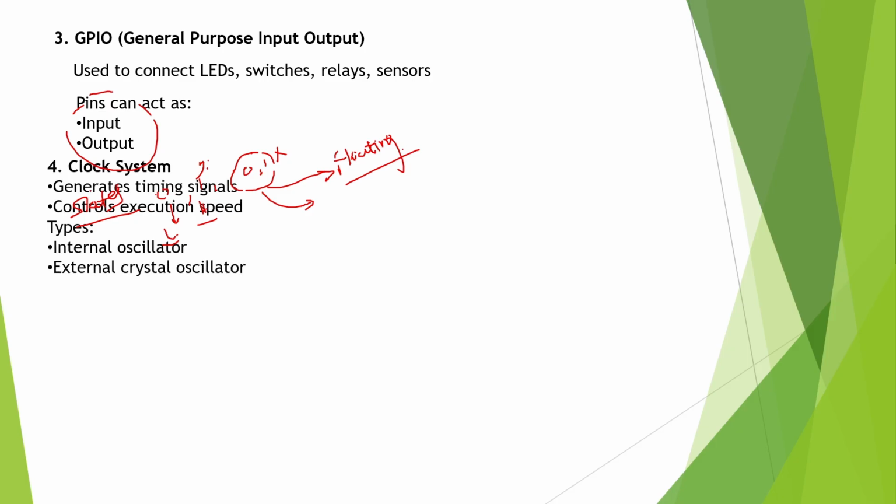Now we will talk about the clock system. The clock system generates timing signals. It is a very important part of a microcontroller.